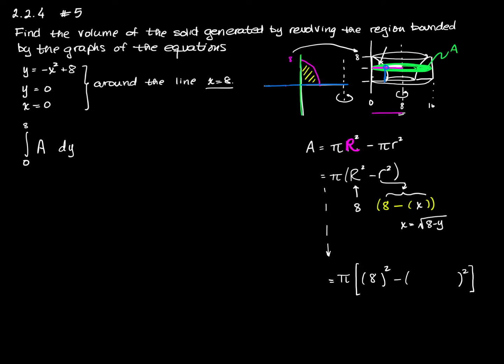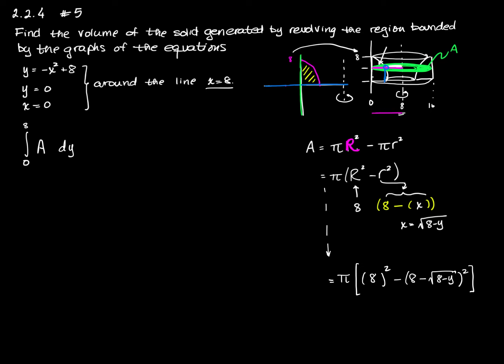And little r is all the stuff here in yellow, which was 8 minus x, and x is the square root of 8 minus y. So I've got 8 squared minus this other whole expression squared, and that's going to be times pi. And that's what the area of that washer is.